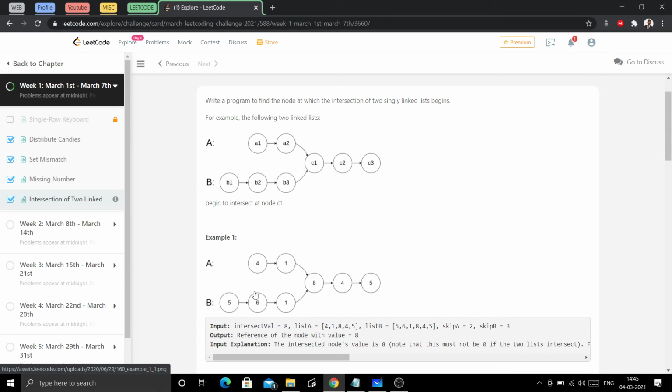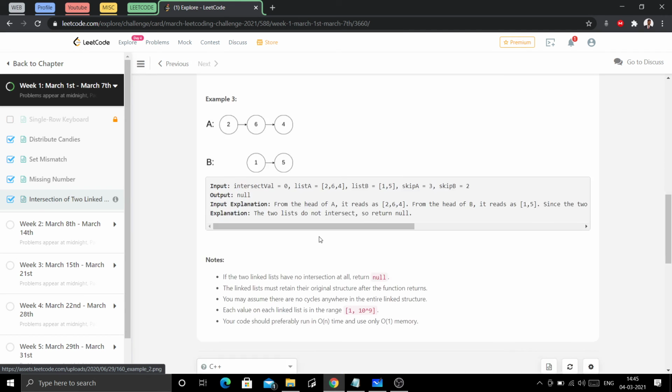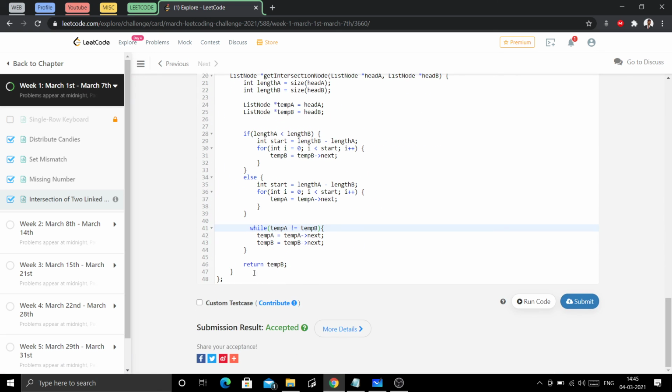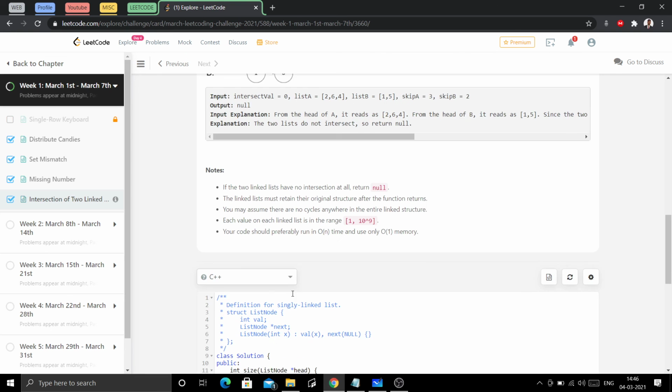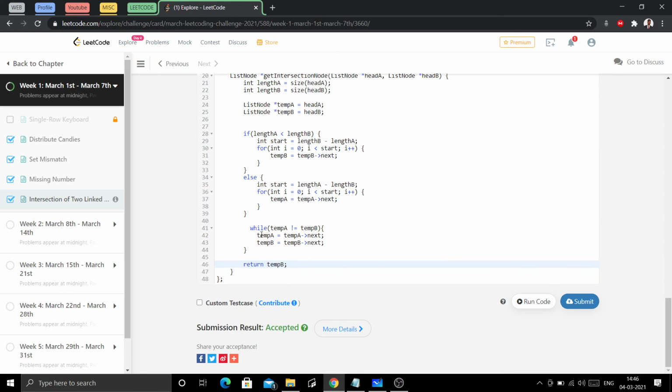If both are at the same level, then 4 will move to 1, and 6 will move to 1. Again 1 will move to 8, and 1 will move to 8. So we get the intersection point here, and our required answer would be temp B. If in case both the lists are not intersecting, then they will reach the end, that is null, and that is the required answer. Thank you.